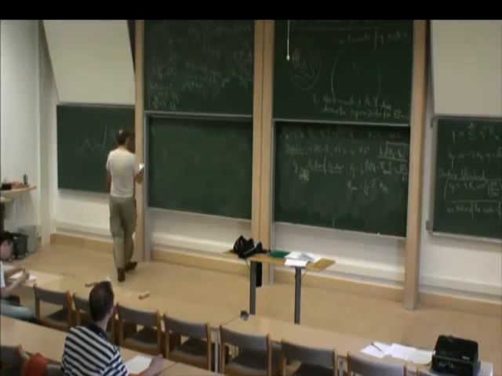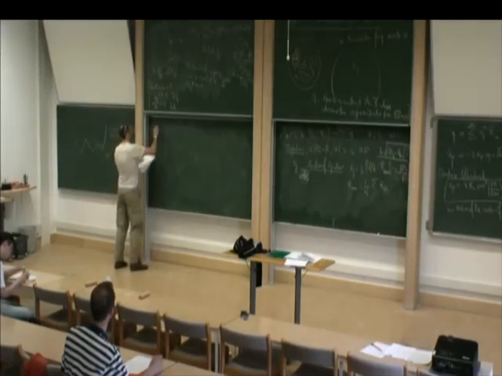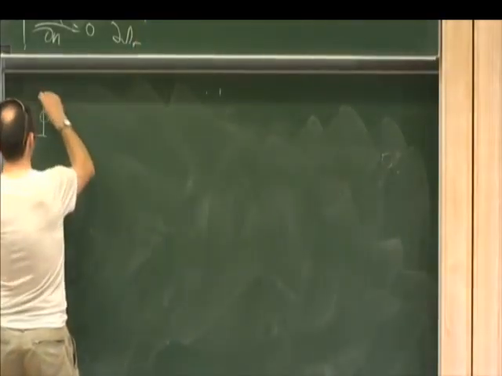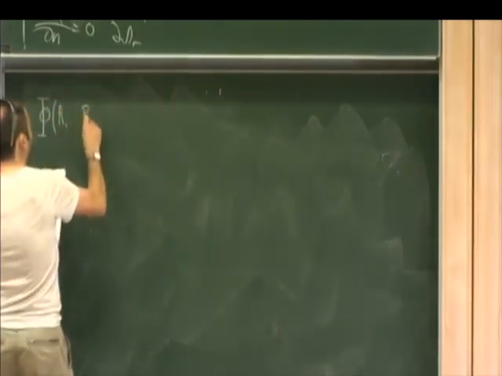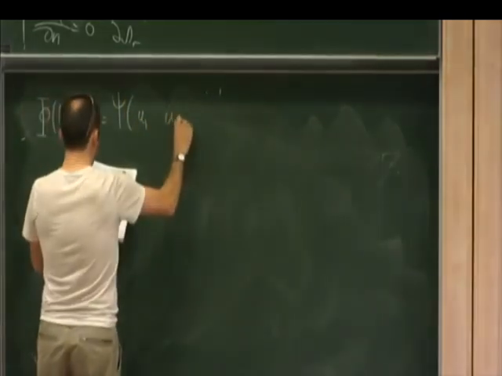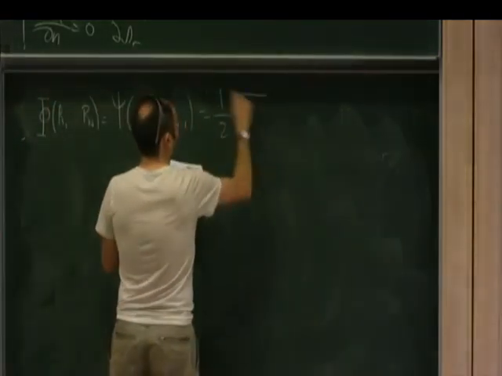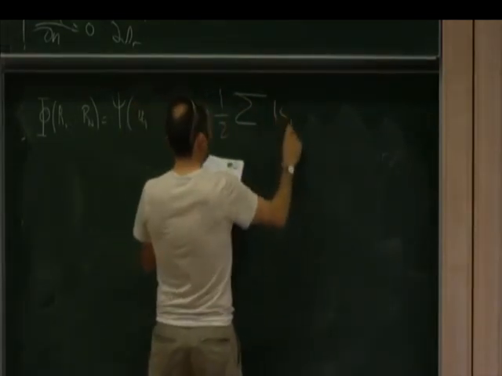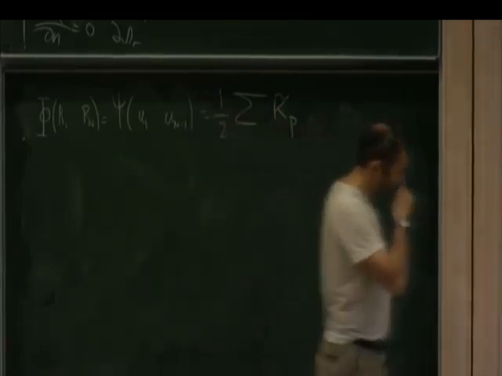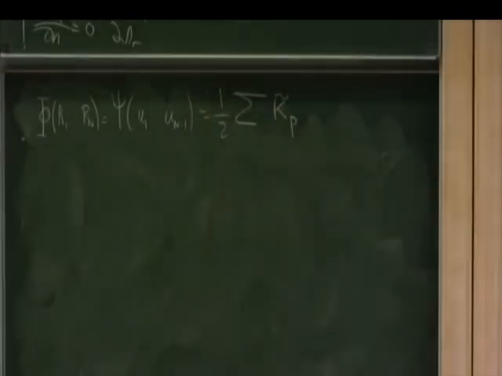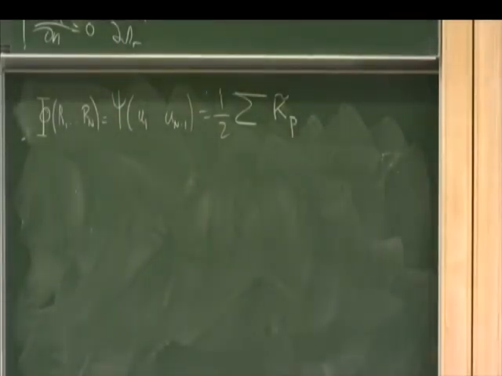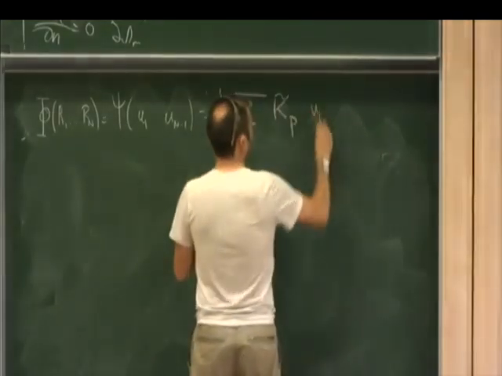So the potential, the U, I'll just erase it. Okay, so let's call it U(R1...Rn), the potential. It can also be written as the potential of U1 to Un minus 1, and this is exactly one half of the sum of K tilde p, where K tilde p is Kp where I change 2 by beta, times Up squared.